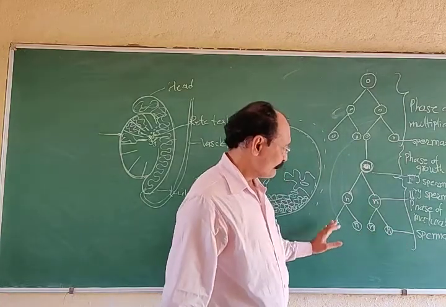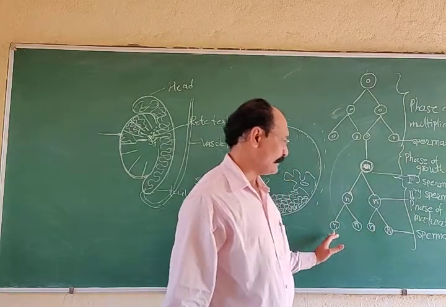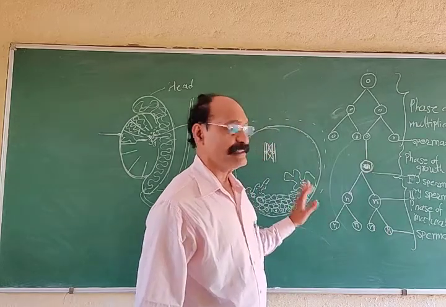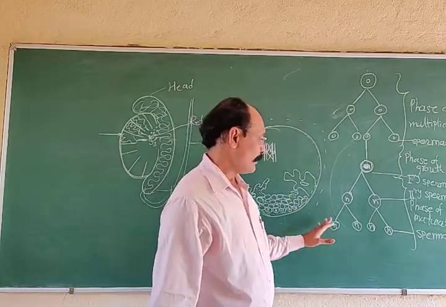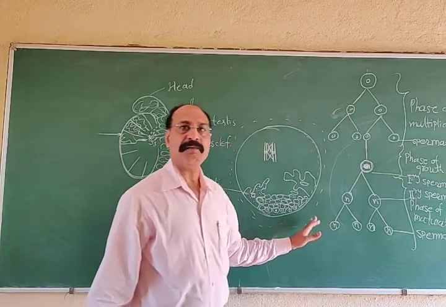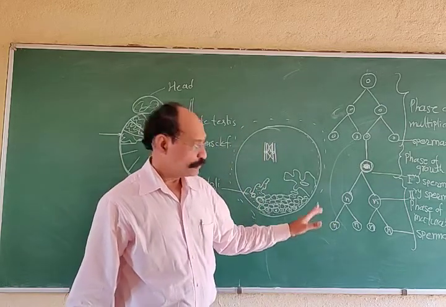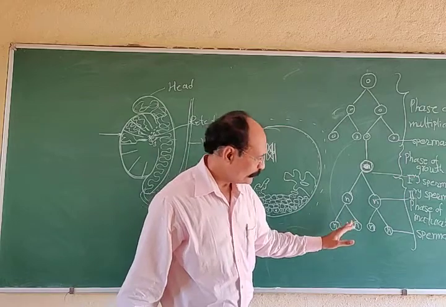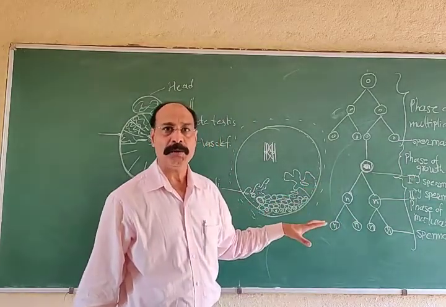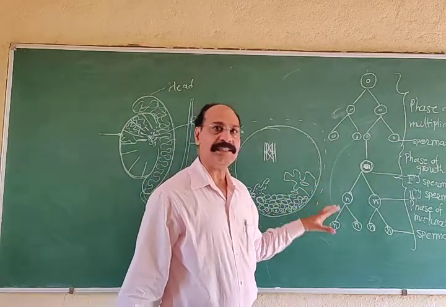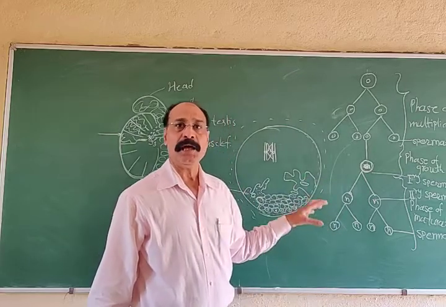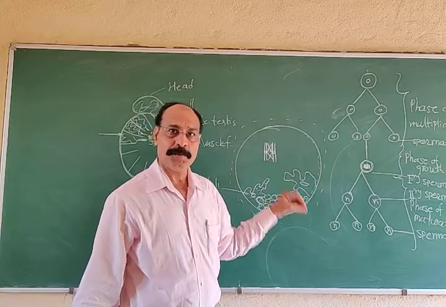Actually these 4 spermatids are simple cells, but they are not able to carry out the function of the sperm. So these spermatids have to undergo specific changes so as to act as the sperm.